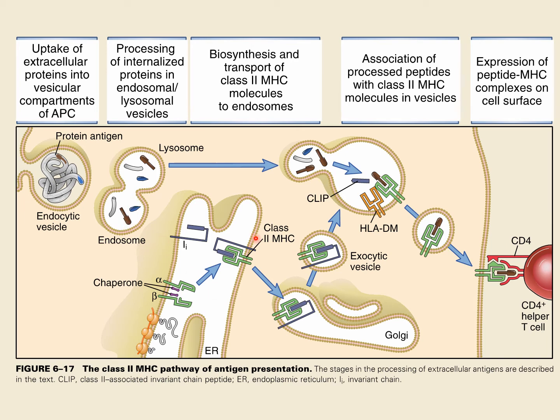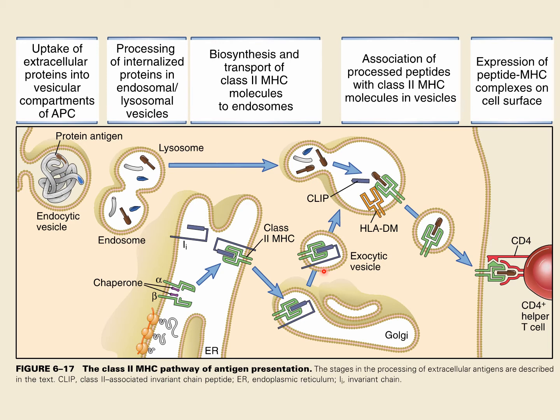Another step is the synthesis and assembly of class 2 molecules, which takes place in the endoplasmic reticulum. The alpha and beta chains are held together by an invariant chain which binds to the cleft of the MHC class 2 molecules. These molecules are then transported to the Golgi bodies, from where they are released via exocytic vesicles.